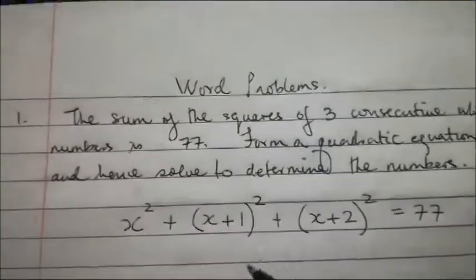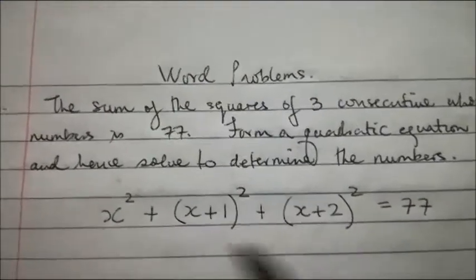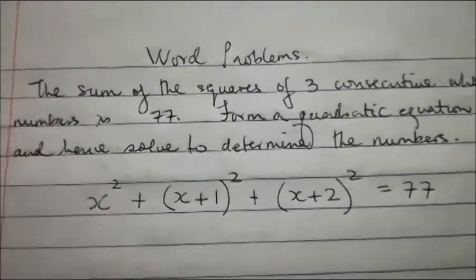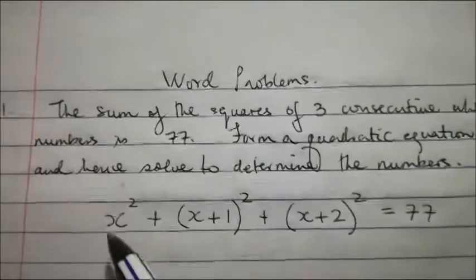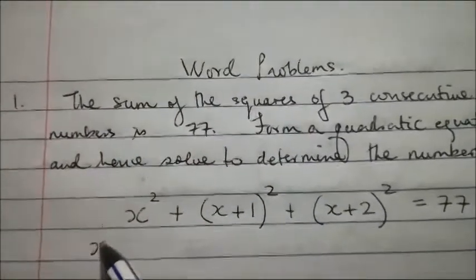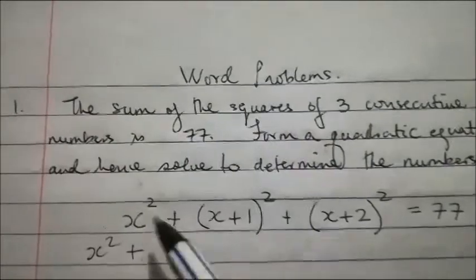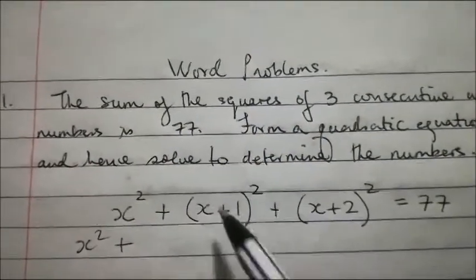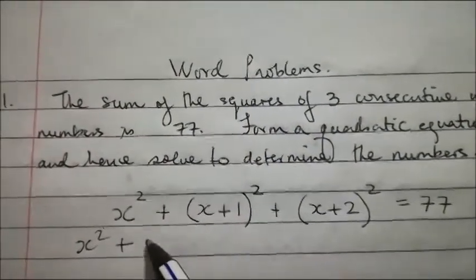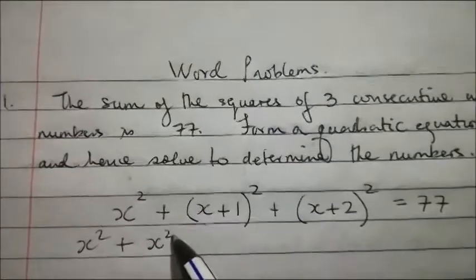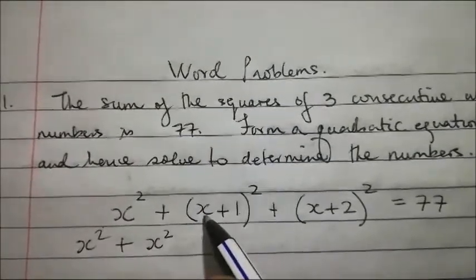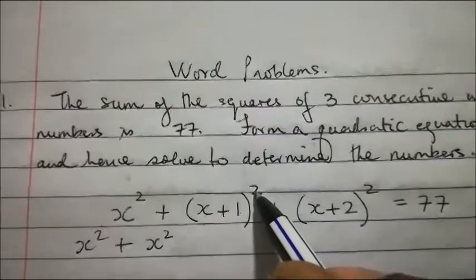All right? So when we expand on the left, we're still going to have our x squared. When we expand this bracket, we're going to square the x, so we get x squared. 1 times x is x multiplied by 2 is 2x.